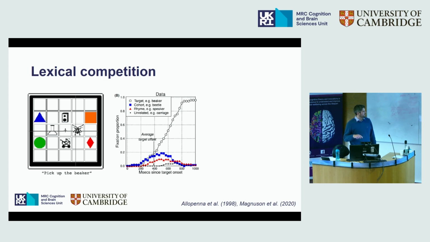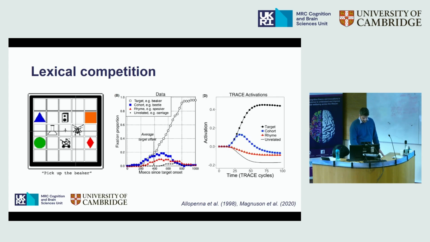There's always some activity for the rhyme word, and not much for the unrelated word. Just to say, one of the early connectionist models, TRACE, very nicely replicates this sort of competition behavior.